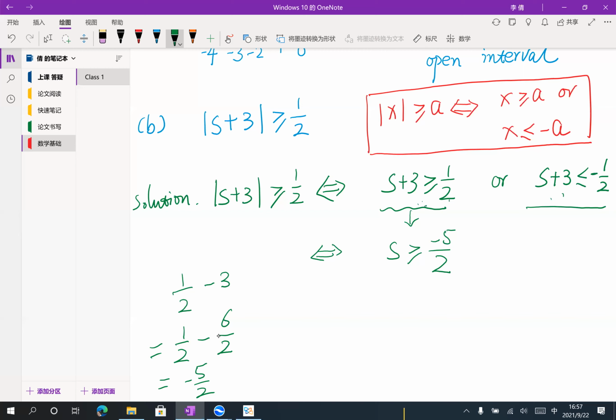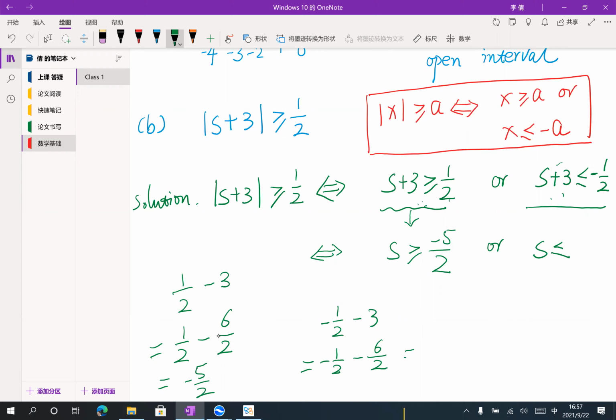And then S is smaller than or equal to, when we subtract 3 on both sides, S is smaller than or equal to -1/2 minus 3, which is -1/2 minus 6/2, right?